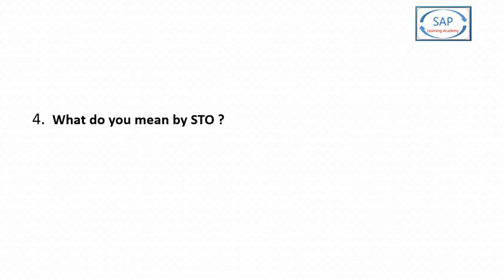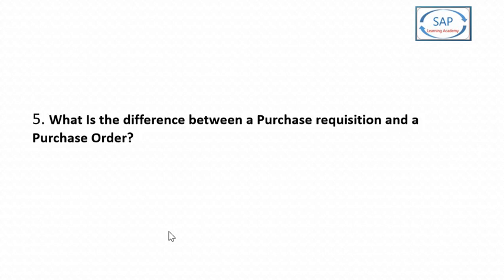Now we will be moving to the next question: what is the difference between purchase requisition and purchase order? It is also a very important and critical question. So what is a purchase requisition? Let me tell you that a purchase requisition is a document that an employee within your organization creates to request the purchase of goods and services.